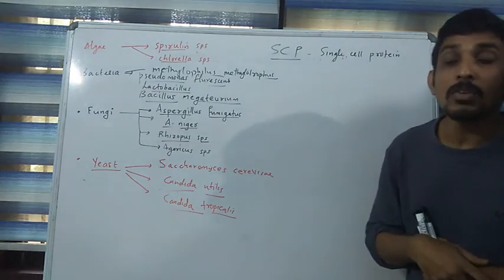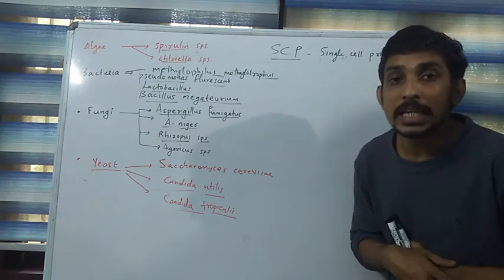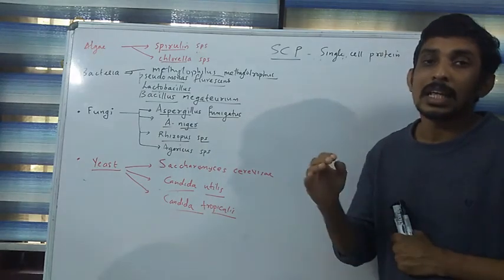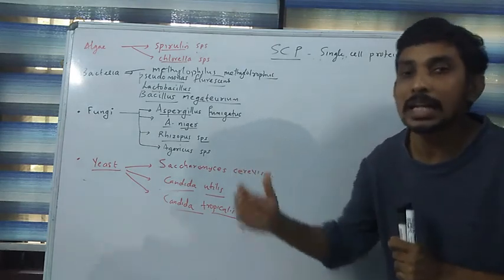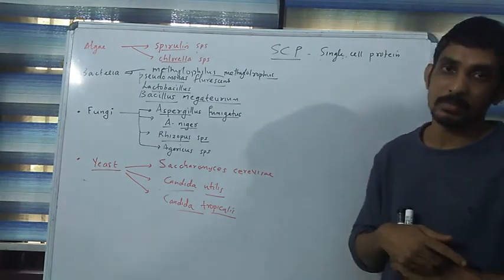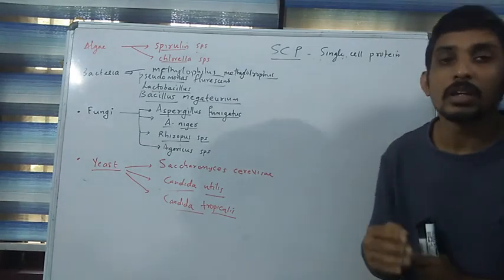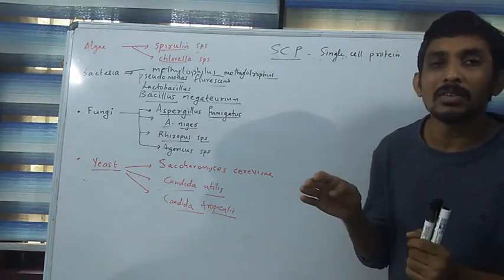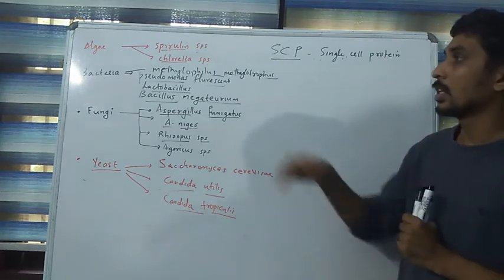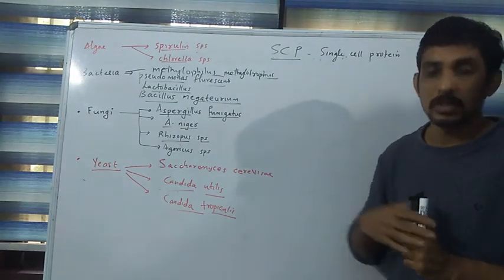Okay, and one more thing, we need a cloth or sieve for collecting the Spirulina species, and we need some devices to make it into powder. Like that, we need certain requirements in order to cultivate Spirulina species.